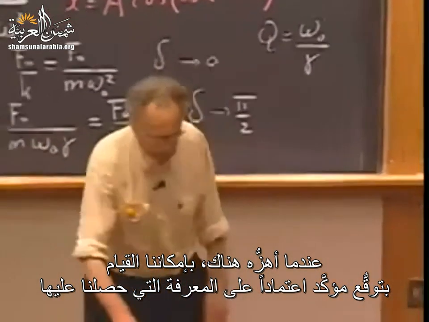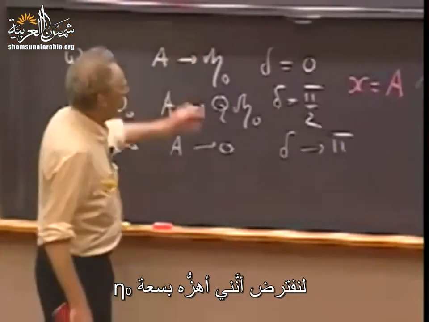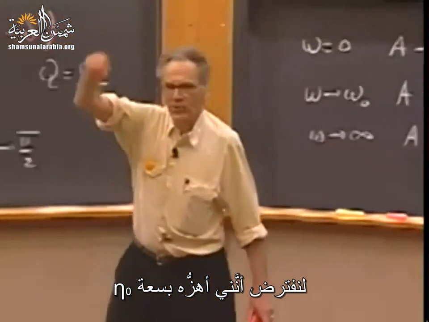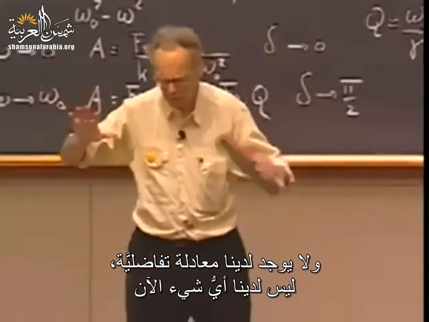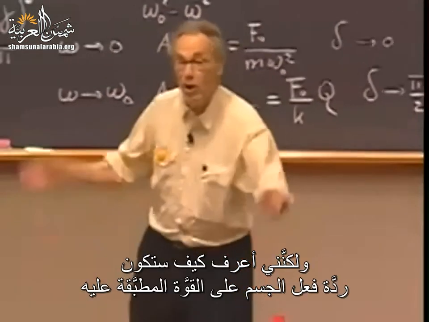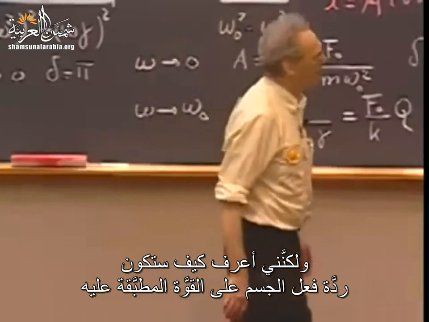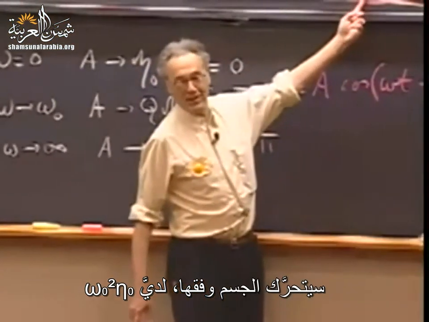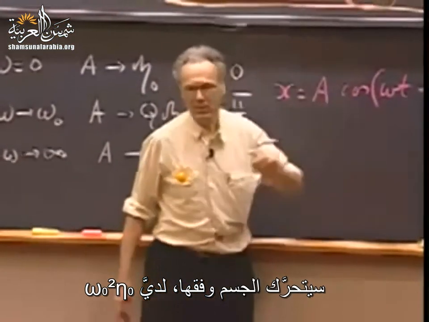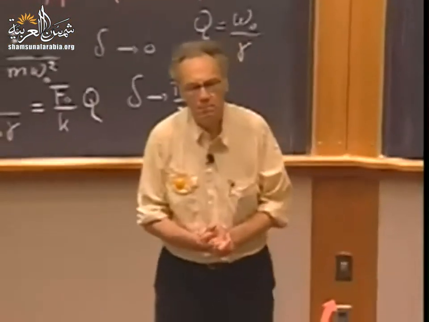We can make predictions now based on the knowledge that we have, suppose I shake it with an amplitude eta 0. No differential equations, no nothing for now. But I know that somehow it will come out in terms of a force at the object. So I know that when I write down the differential equation, of course it shows up exactly this way. I get an omega 0 squared times eta 0, except the omega 0 squared is now k over m.